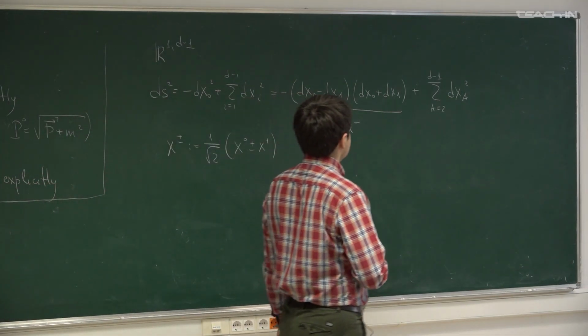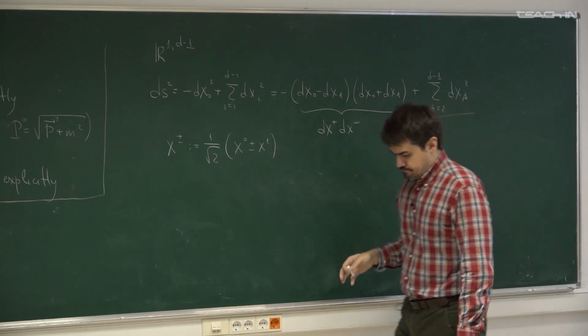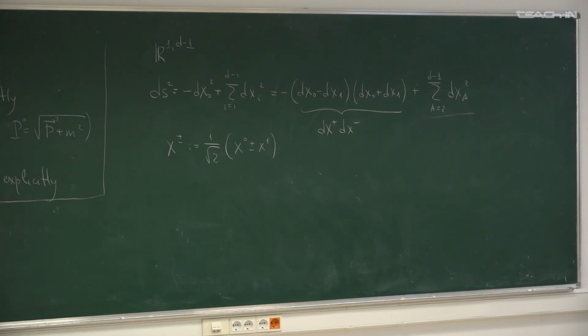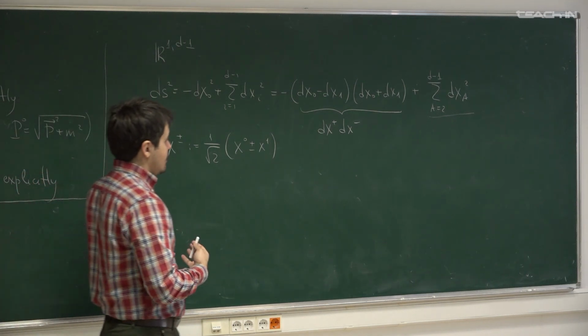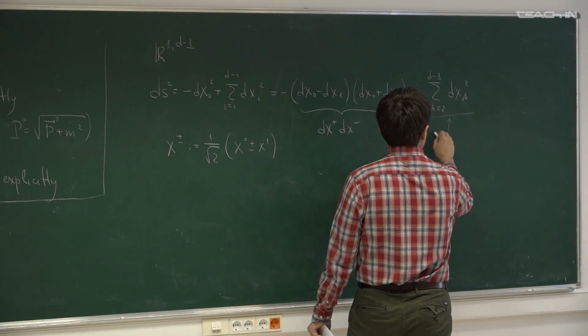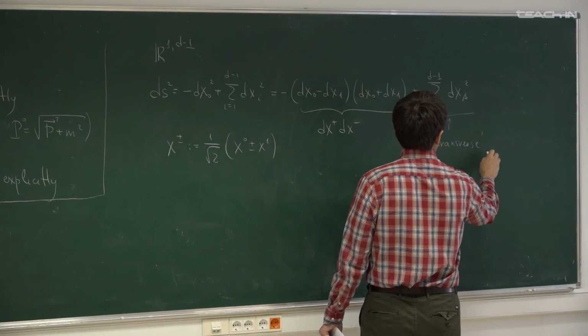And everywhere below, this capital Latin index will run from 2 to d minus 1. So these are all coordinates except the light cone coordinates. We will call them transverse coordinates.